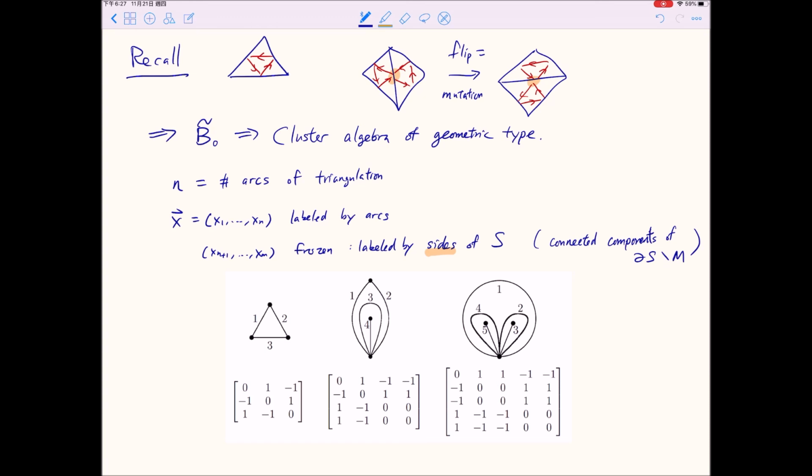All possible triangulations can be composed of just the standard triangle and a piece with one self-folded triangle and a piece with 2 self-folded triangles. And the quiver corresponding to this self-folded case is listed here in terms of a matrix, but you can also just draw the quiver. So it will look something like this.